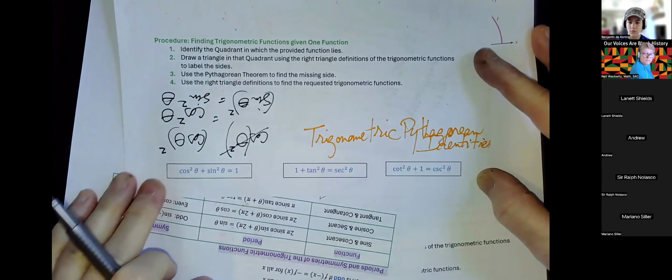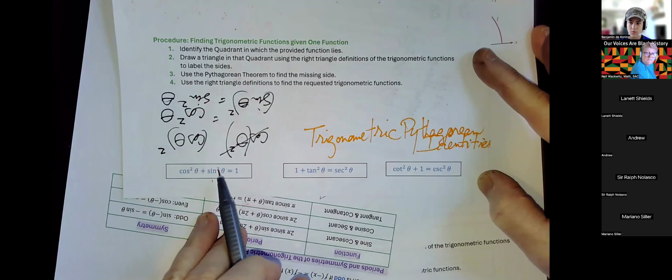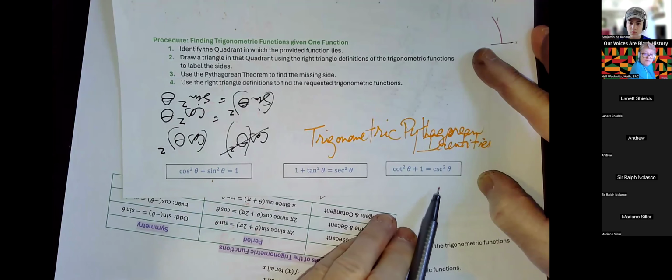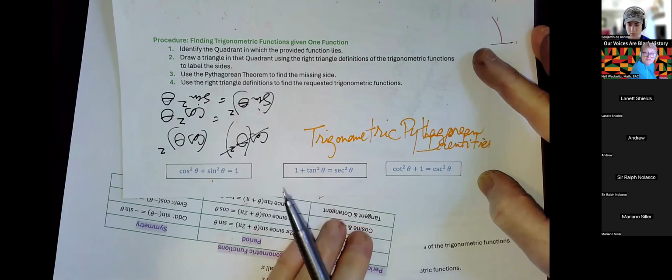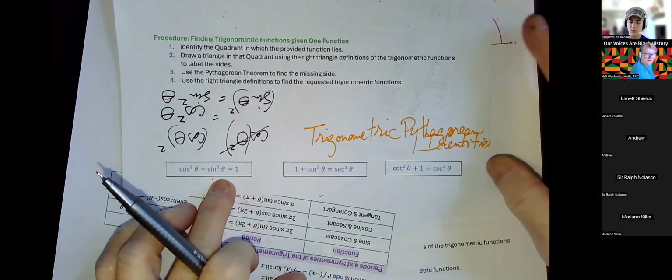The one I want you to know is cosine squared plus sine squared is 1. You can easily get to the other two by dividing by something, if you forget. But this one you really need to know.